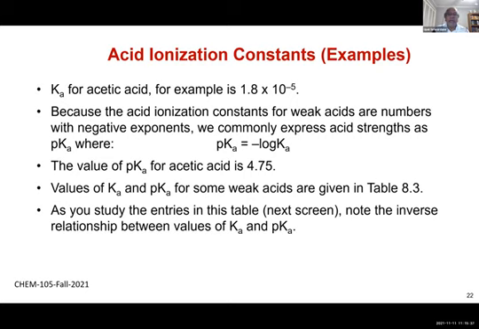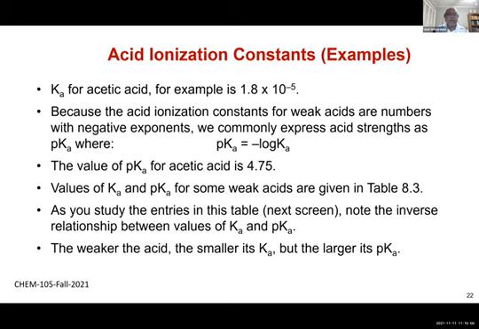As you study the entries in the table, note the inverse relationship between K sub A value and pKa value. This is important to notice. The weaker the acid, the smaller the K sub A value, but the larger the pKa value.